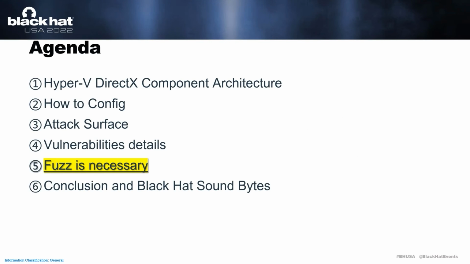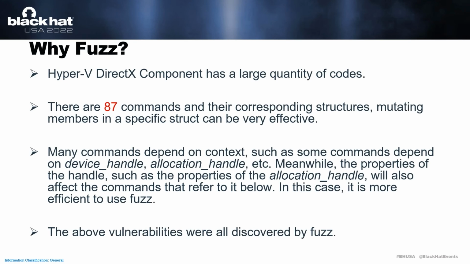Let's talk about fuzzing. Why is fuzzing necessary? First, the Hyper-V DirectX components have a large quantity of code. Second, there are 87 commands and their corresponding structures. Mutating members in a specific structure can be very effective.